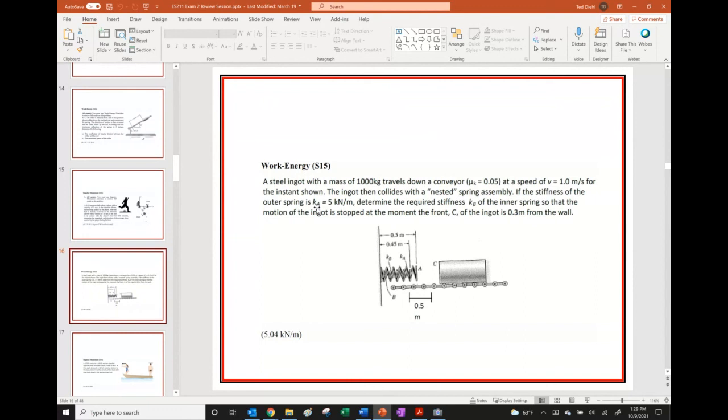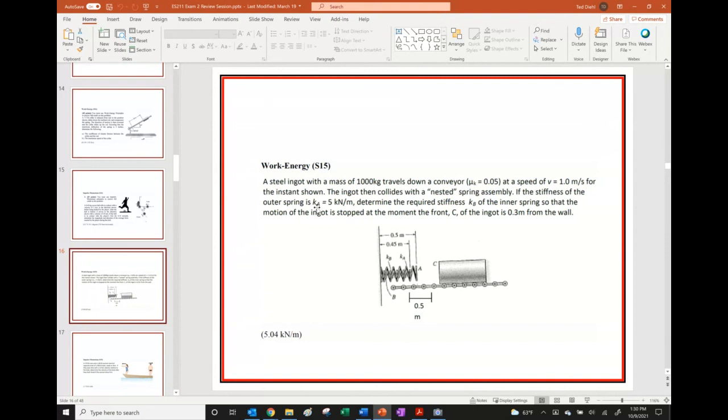So the ingot has a mass of 1,000 kilograms, is traveling on a conveyor. Ooh, and it's got a coefficient of friction. That's not good. At a speed of 1 meter per second for the instant shown. So it's actually 0.5 meters away from spring B, it appears to me.